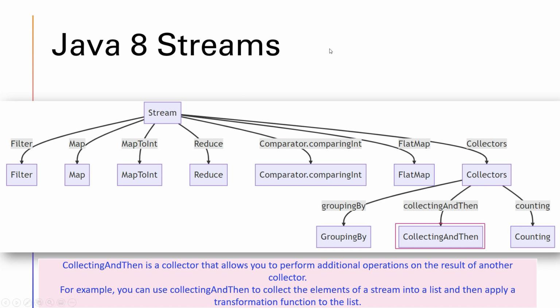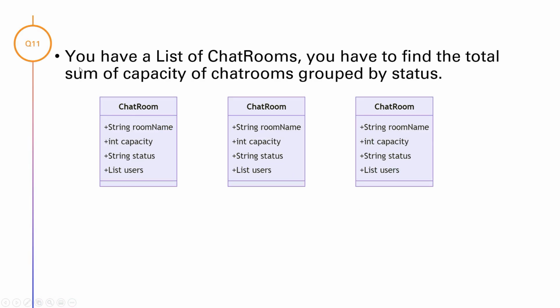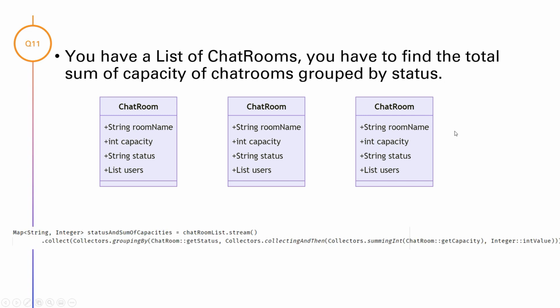Then you can use the collectingAndThen method. So suppose you have a list of chat rooms and you have to find the total sum of capacity of chat rooms grouped by status. Here I have grouped my chat rooms by status, and on top of that I have to find out the total capacity in each group.